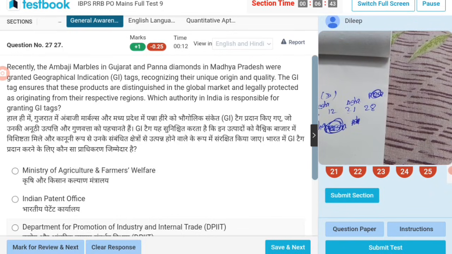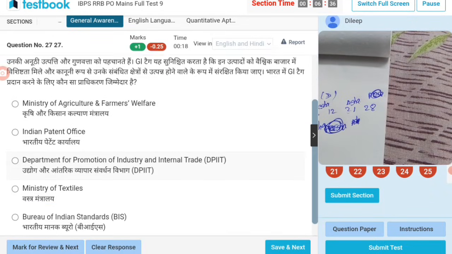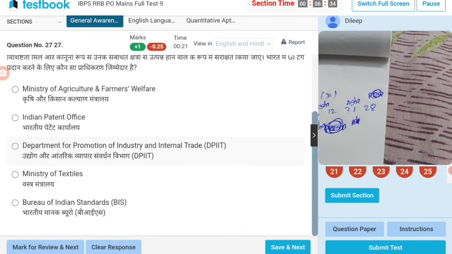Which authority in India is responsible for granting GI tags? Textiles or Department of Promotion?